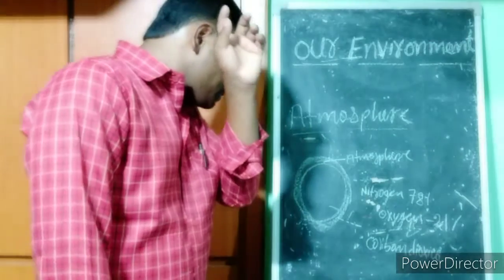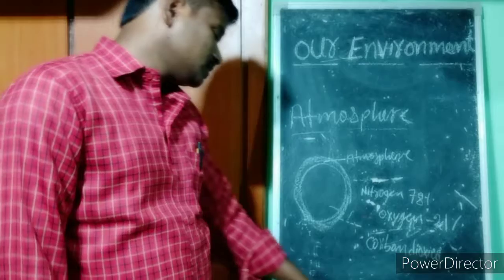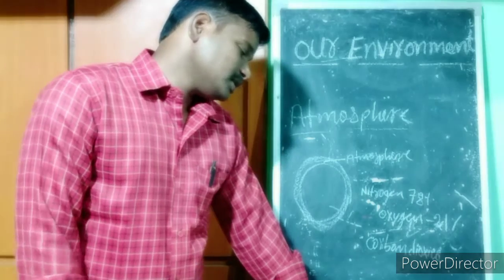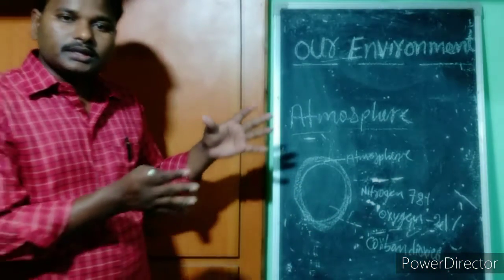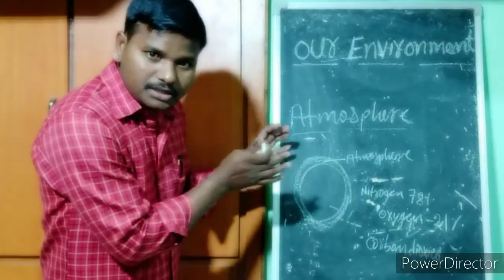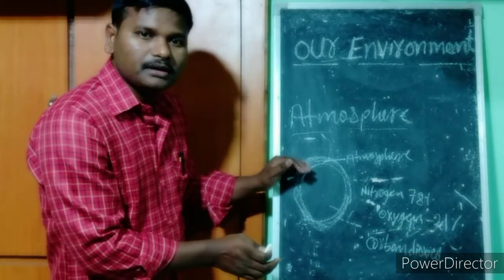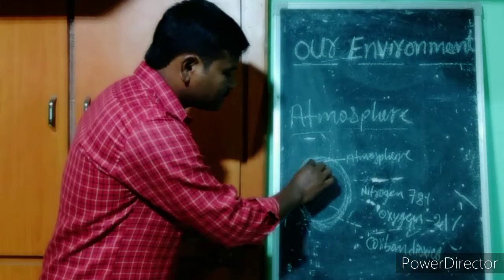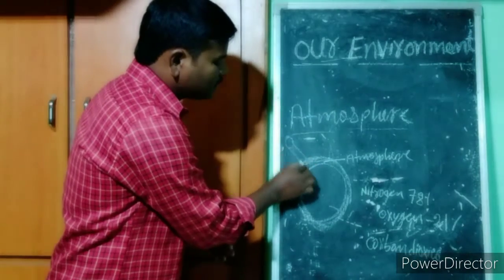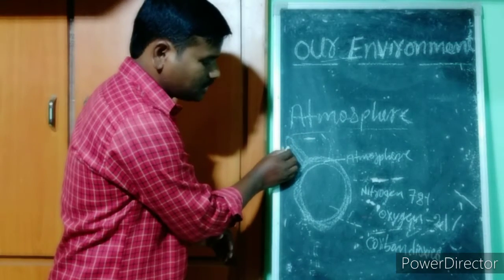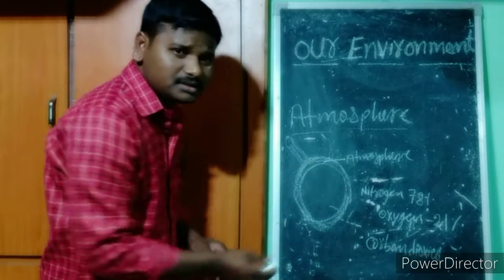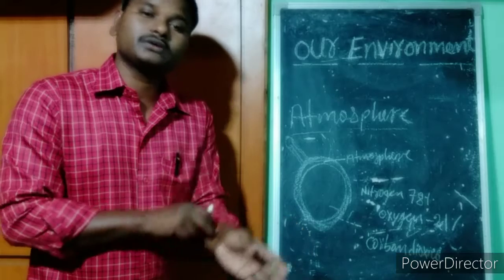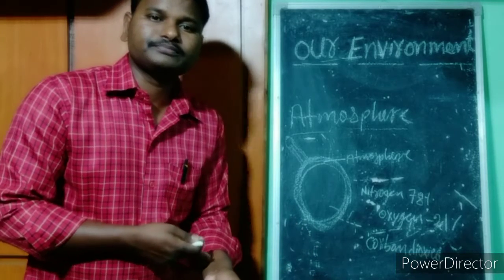The atmosphere also has a specialty: the dangerous, harmful rays coming from the sun are blocked by the atmosphere so they do not reach the earth's surface. If these harmful rays fell on the earth's surface, they could affect our skin and we may get skin diseases.